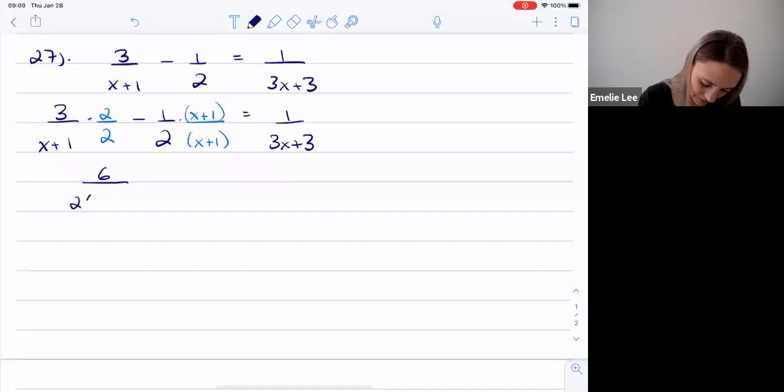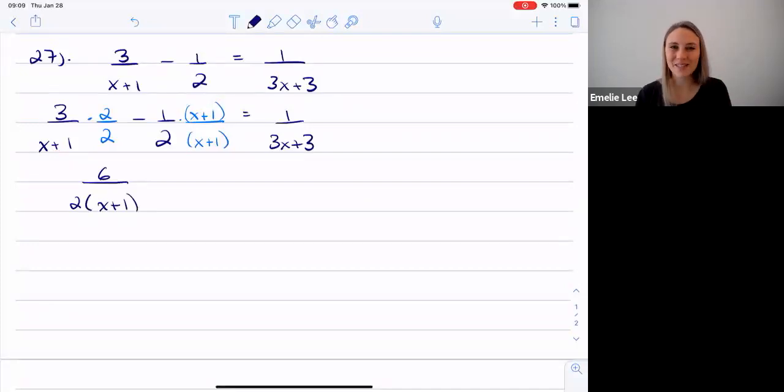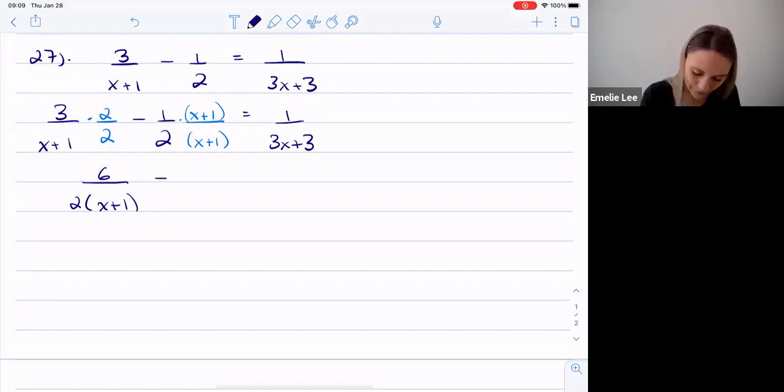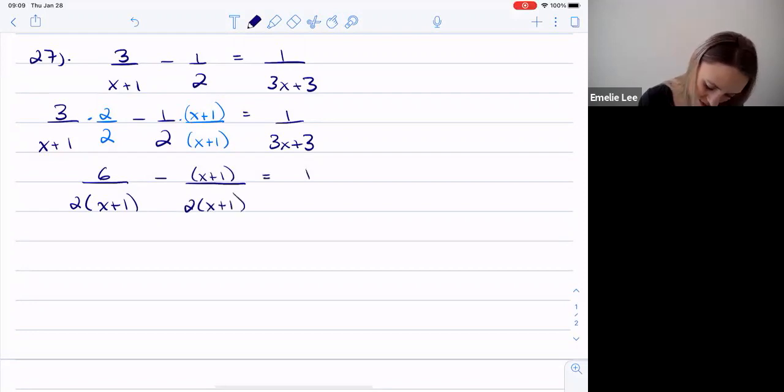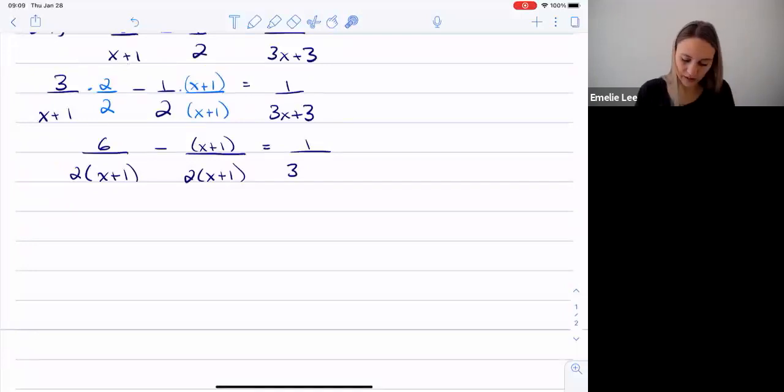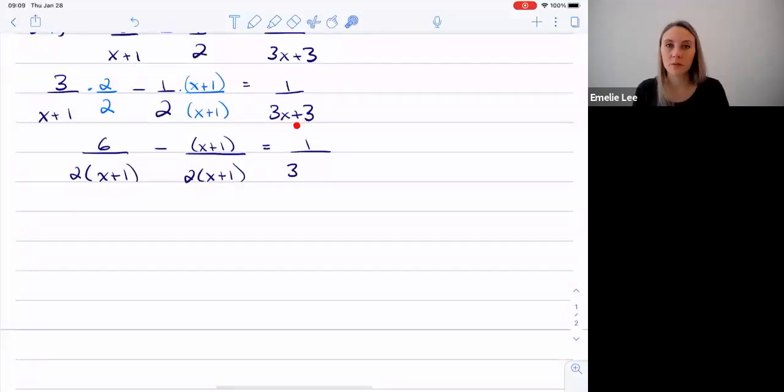But from experience, I know that it's better to just keep them separate. Okay? Minus, and then x plus 1 times 1 is just x plus 1 over 2 times x plus 1 is equal to 1 over 3. And here, what I'm going to do is factor out that 3 that we were talking about. So I'm going to extract that 3 times x plus 1.